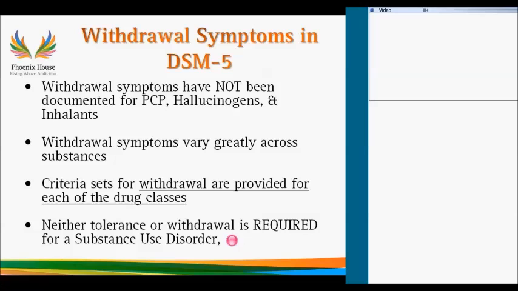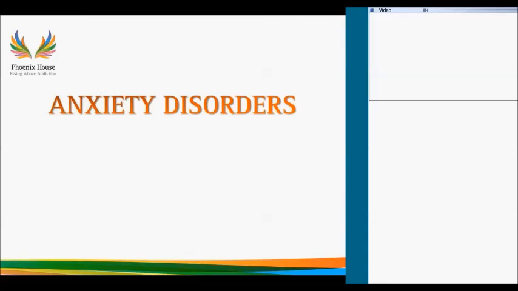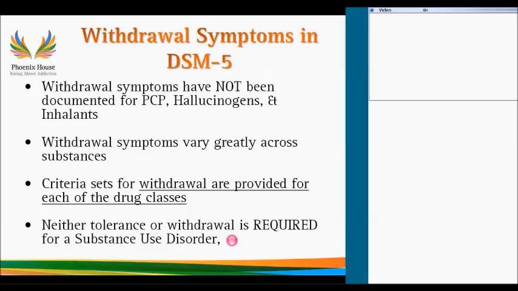Okay. Let me pause here because for the next couple of slides, withdrawal symptoms have not been documented for hallucinogens, PCP, and inhalants, so that's not part of the symptom criteria. So when you go into the DSM-5, withdrawal is not an option as a symptom to be checked off because it doesn't happen.